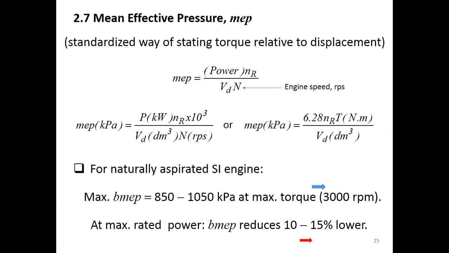Liter. Liter can be easily referred to decimeter cubed, or to meter cubed as well. If we refer the displacement volume to decimeter cubed, then we have to multiply by 10 to the power 3 up here in order to keep the unit kilopascal. And the engine speed is in RPS.